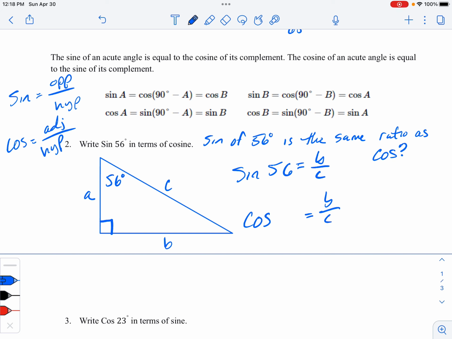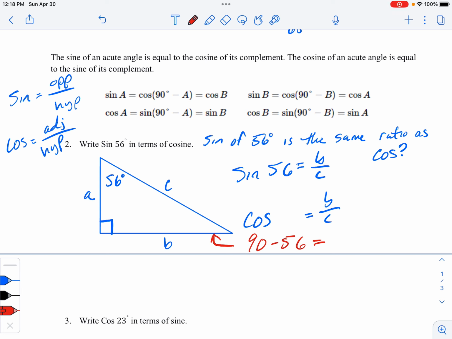That's what we want, the cosine of this angle over here. We can figure this angle out because we know that the angles in a triangle all add up to 180. We can break that down even further because we've already got 90 here, so these two must also add up to 90. So this angle, whatever it is, must be equal to 90 minus 56.